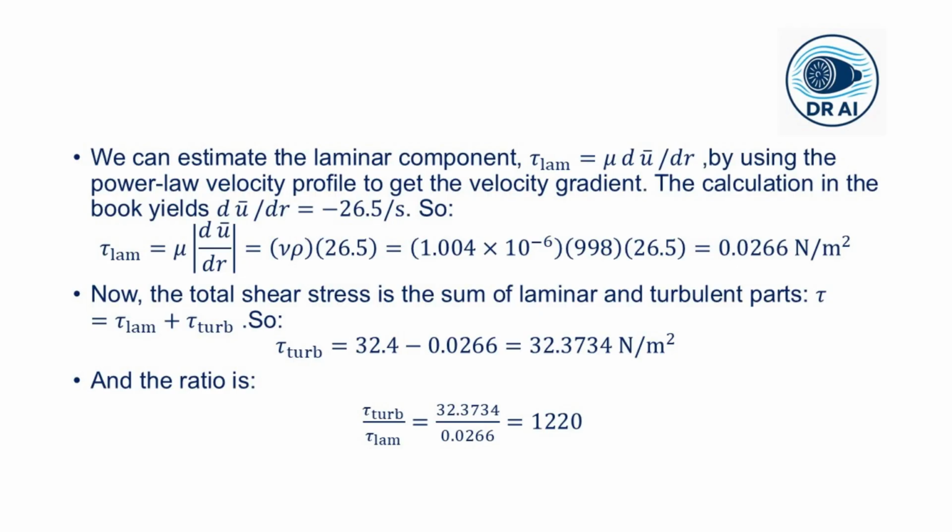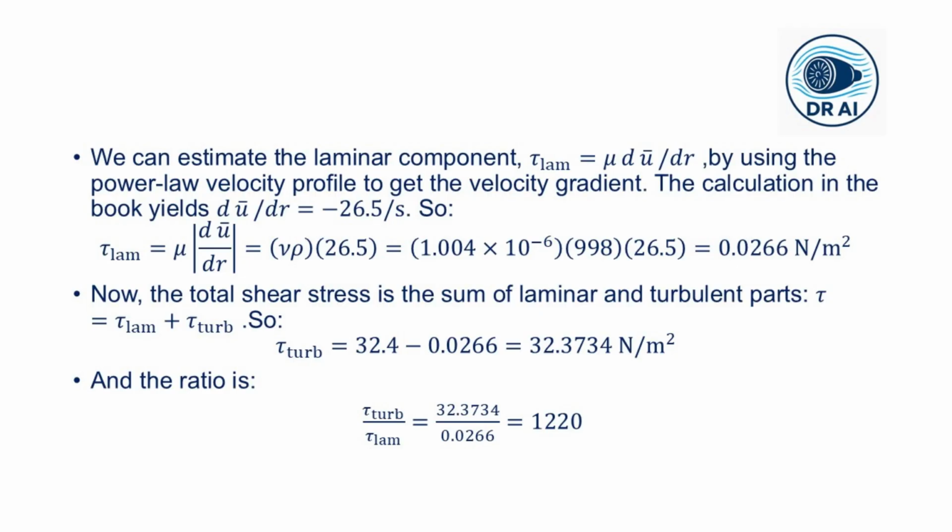So the total shear stress is the sum of the laminar and the turbulent parts, and we can write tau equals tau laminar plus tau turbulent. So tau turbulent comes out to be 32 Newton per meter square. What we have to find in this example problem is the ratio of the turbulent to the laminar tau.